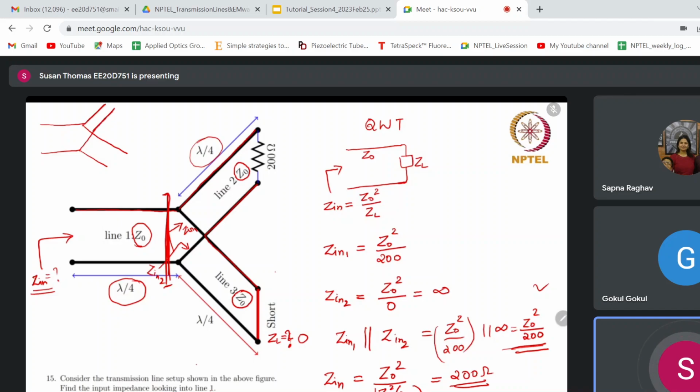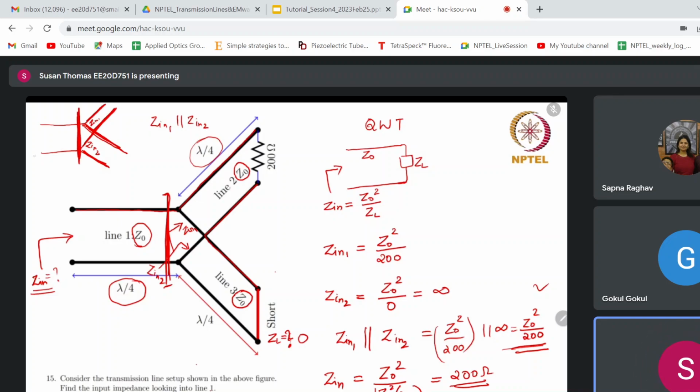Okay. This is one transmission line. This is the second transmission line. So, if this gives Z in 1 and this gives Z in 2, Z in 1 parallel to Z in 2 will be the impedance here.